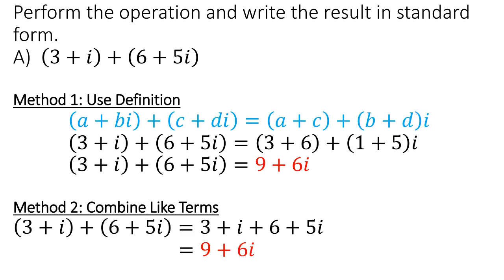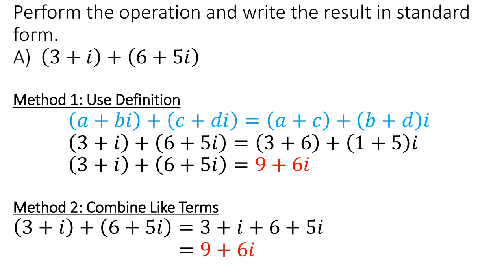Or let me show you a different method of doing this problem. Again, we could have put them all in a row. Since it's addition, I can drop the parentheses because there's nothing for me to distribute. So I could have just written the 3 plus i plus 6 plus 5i, and then what I do is combine like terms. But you've got to be careful on this one because since you're combining like terms, you've got to make sure that you put your answer in standard form.